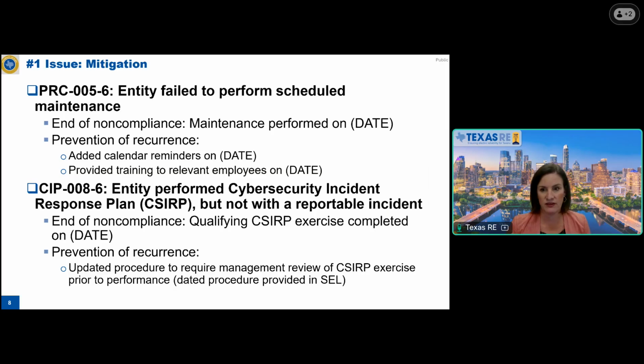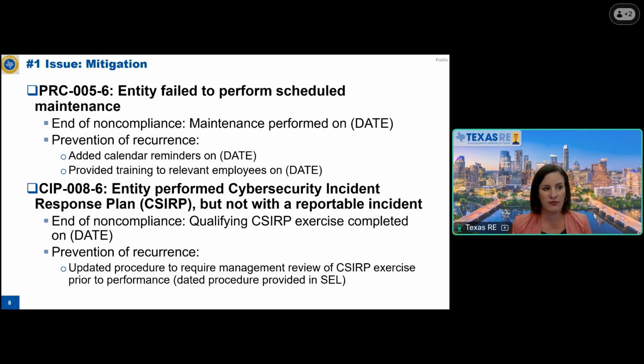Let us know what date you did that on. Give us some evidence of those calendar reminders in the SEL. Provided training to relevant employees on, once again, a date, and provide us some evidence of training, such as a slideshow and maybe a sign-in sheet, and those things uploaded to the SEL.